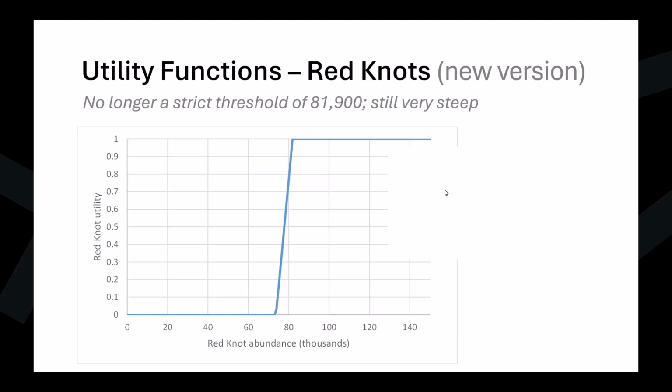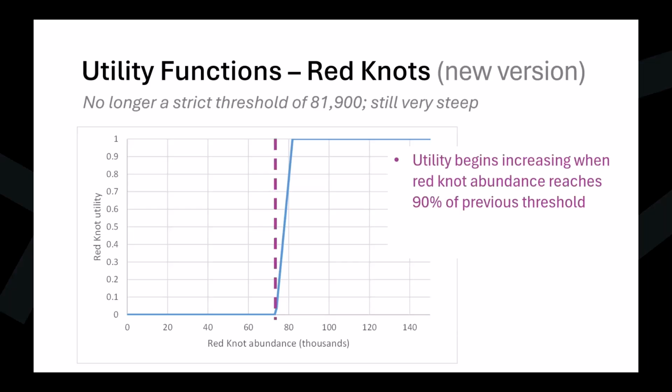And so we wanted to address that. So what we came up with was basically still a very steep function, but no longer just a discontinuous function at that value. Instead, when we get to 90% of the threshold, then utility starts to rise quickly up to 1. And so when we get to the threshold, then we're at full utility.